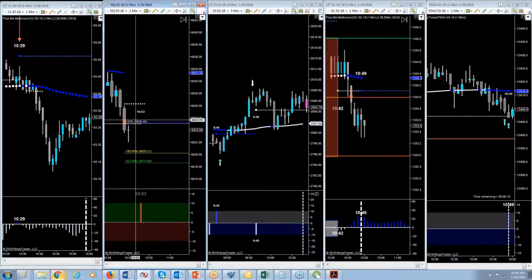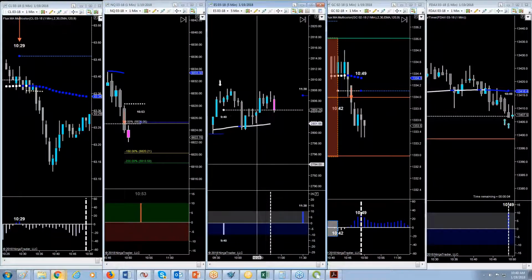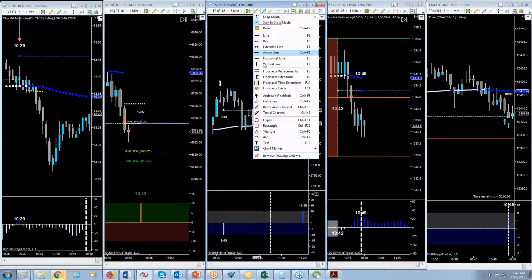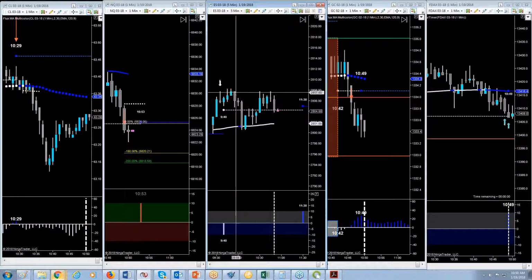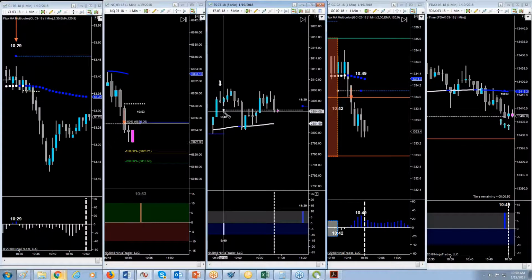We're coming up on 10:53 also in the Nasdaq. We're going to run a split study on the ES to see where the intermediate turns are.